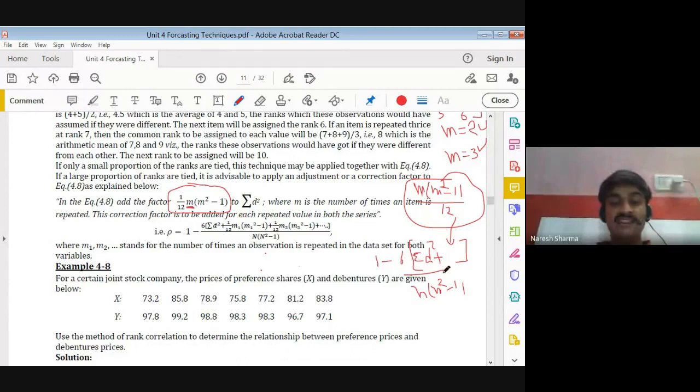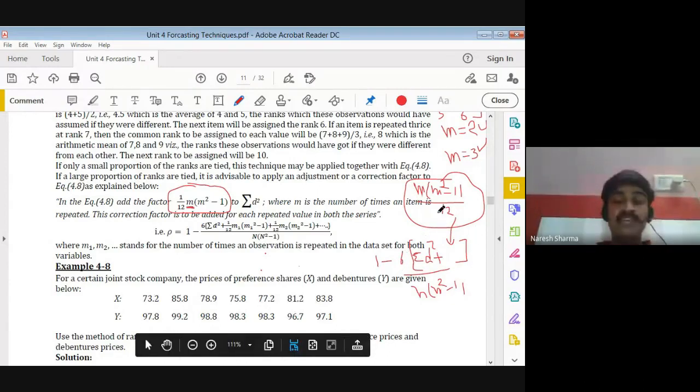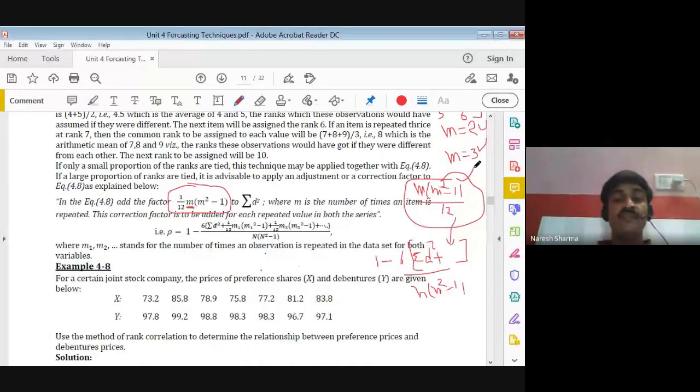Once we add this with the summation d square, if we have multiple ties, we can add this factor multiple times. For all m, there should be one entry of m into m square minus 1.